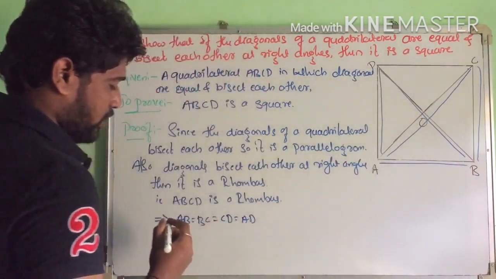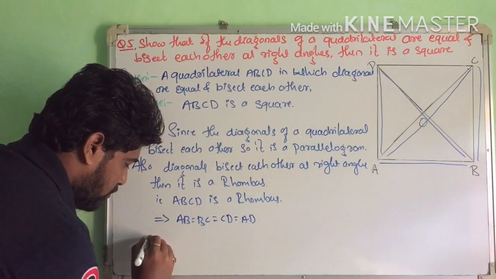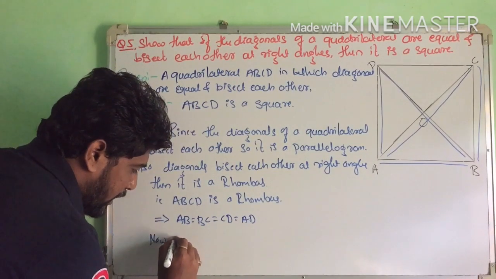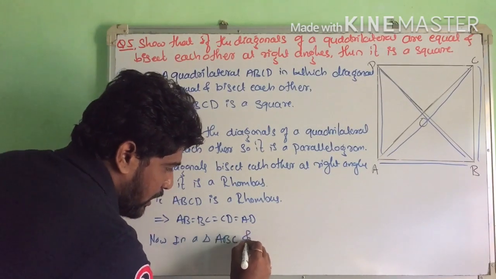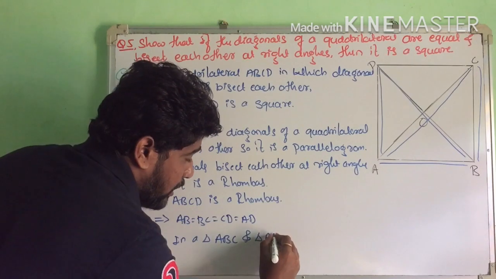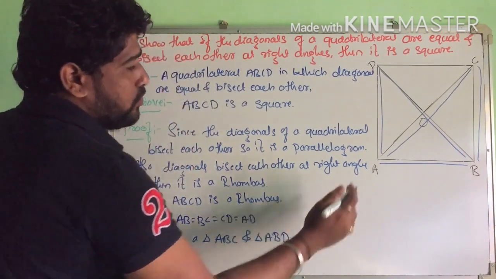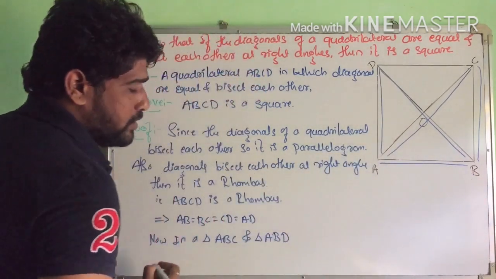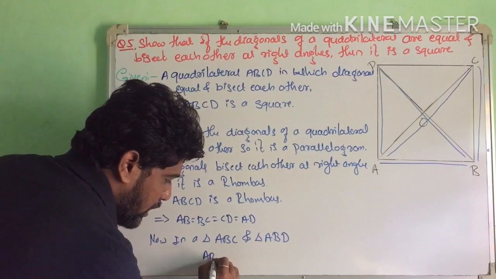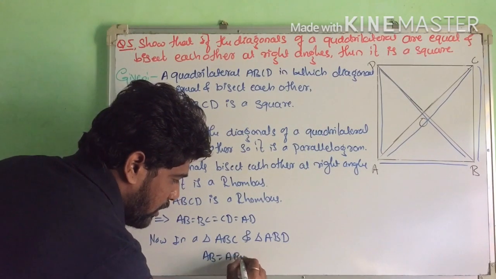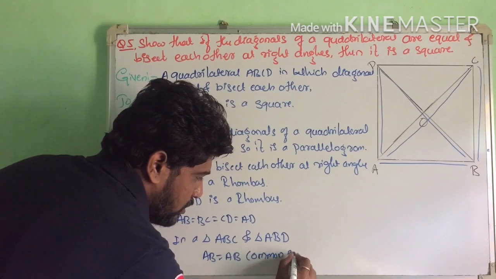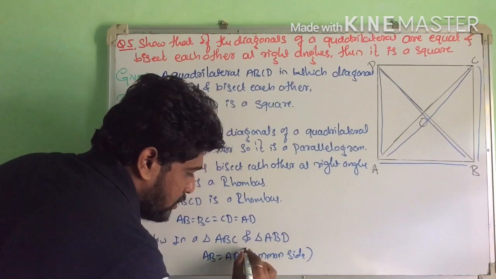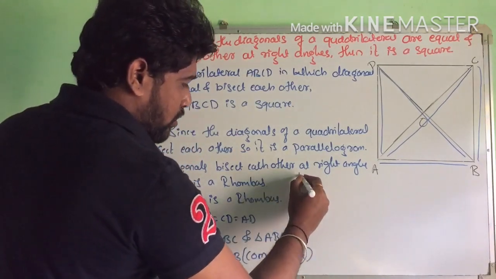So in these two triangles, AB is the common side. AB is equal to AB, common side.